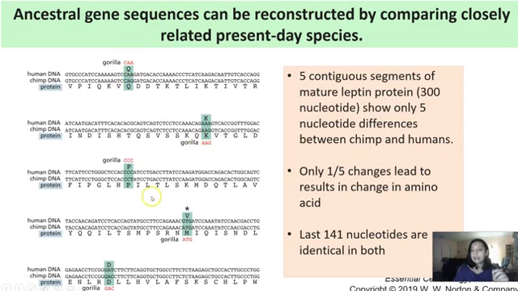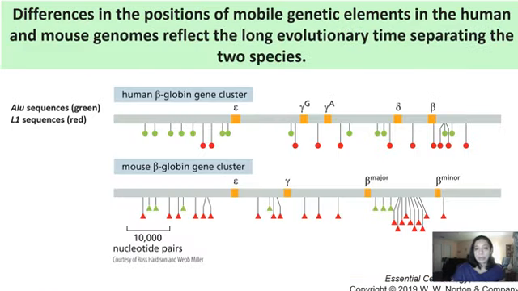This is still a lysine, still a proline. Here, it's changing from a valine to a methionine, but everything else is still the same in this particular sequence. So you can see how closely related these present day species are to each other looking at a sequence like this.